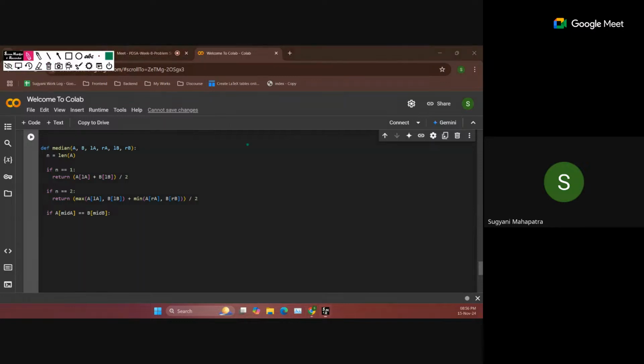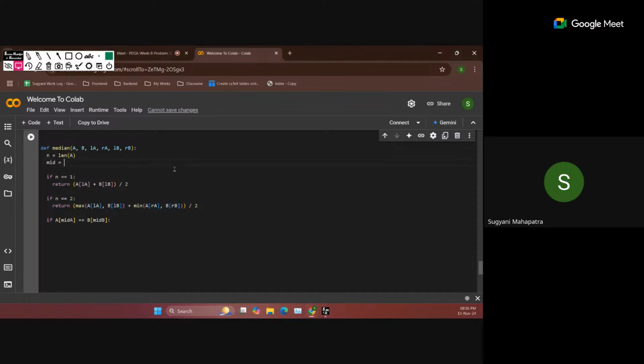So what we are saying is we will choose two elements. We will take a middle element defined as n by 2, and we will choose some middle of A and some middle of B around this middle.